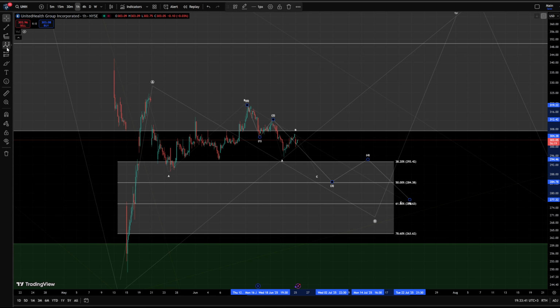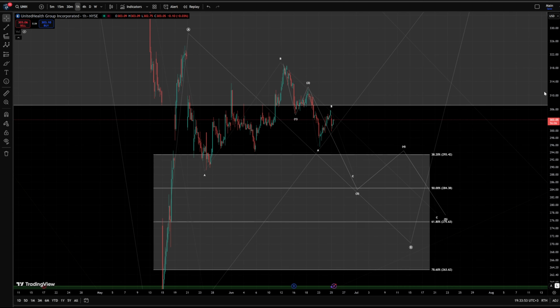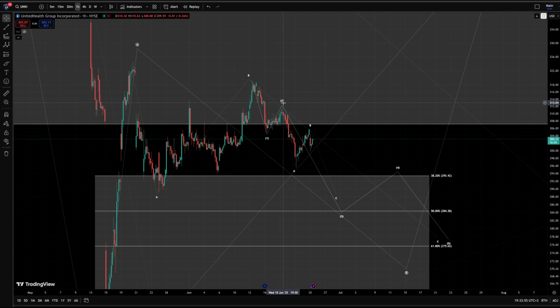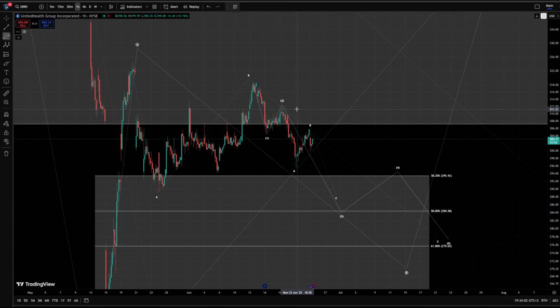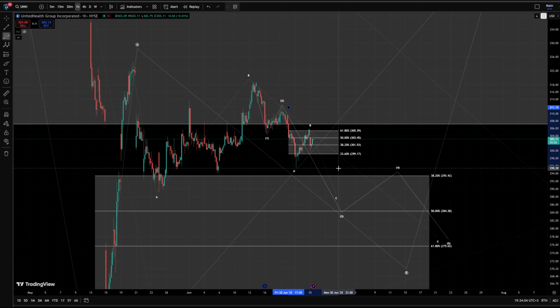Maybe it's just a wave A, a wave B, and then a wave C to go into a higher wave 2, but it turns out we started the third wave more directly. And in this third wave, since the first wave was a 3-wave move, we are also considering that the third wave should be a 3-wave move.